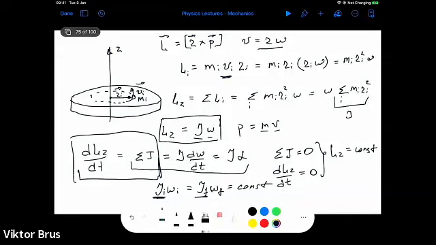So you do more revolutions per minute than before. That happens because of conservation of angular momentum.